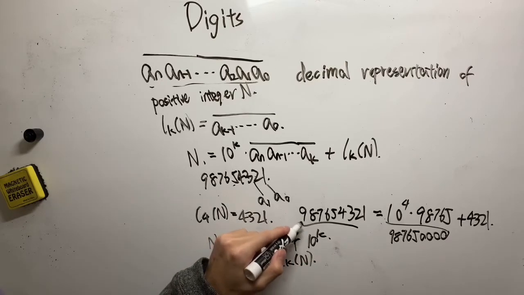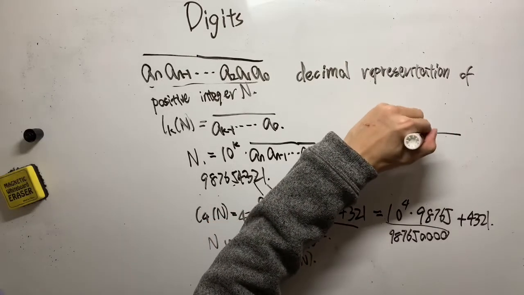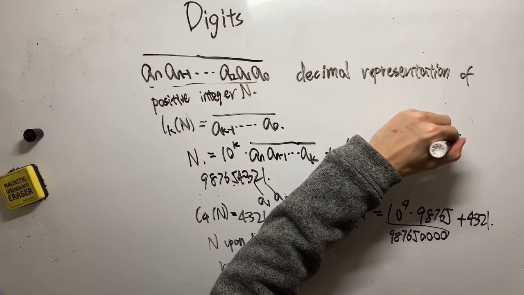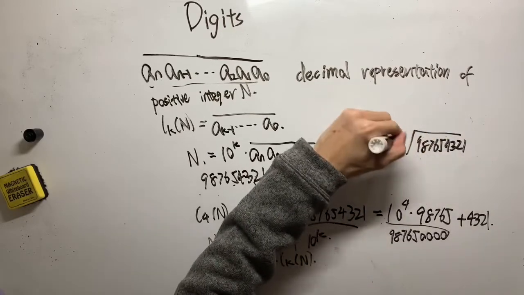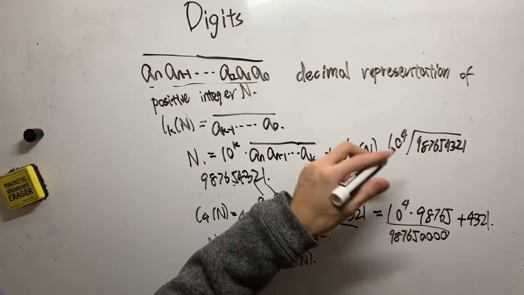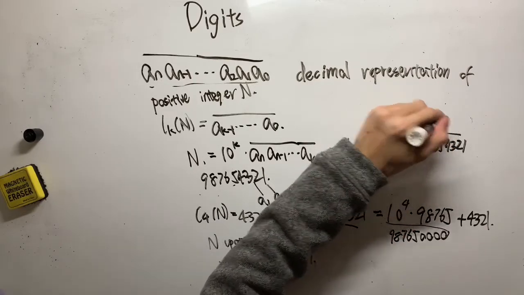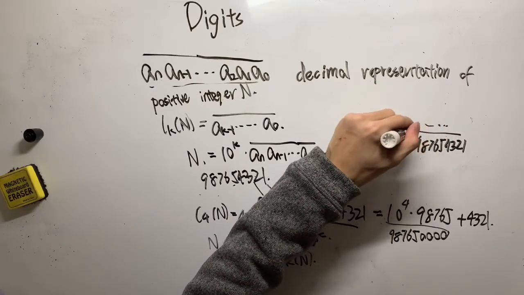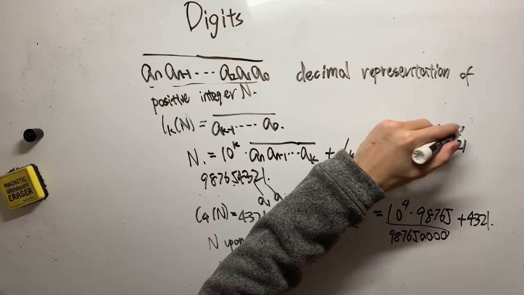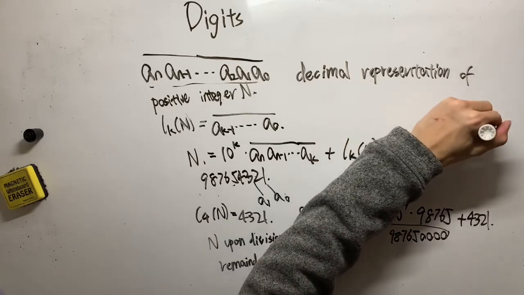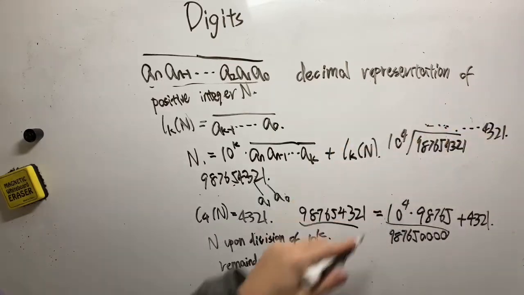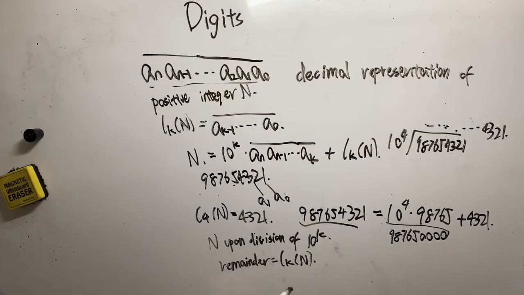So if we divide 987654321 by 10 to the 4th, we have some number right here, and are left with the remainder of 4321. Thus, this is basically the notions in digits.